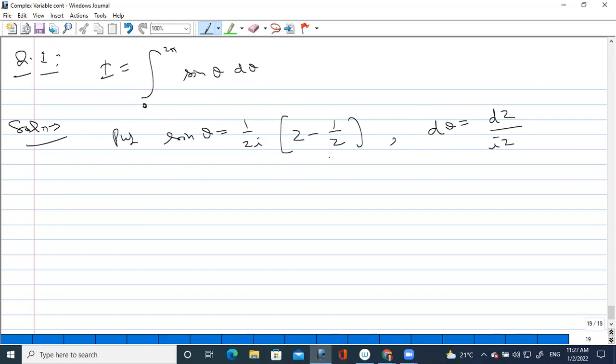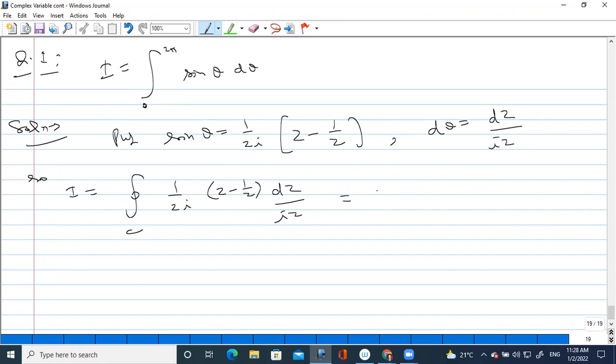So this will be our method of how to convert this into complex form. The integral will be a closed integral of 1 upon 2i times z minus 1 upon z, times dz upon iz. Okay, that will be my conversion.